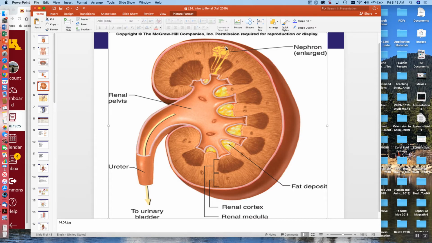Then they all have a common collecting duct, which delivers the urine into the minor calyx. There are about 1 million nephrons in each kidney, 1 million. So again, this is not representative of the size of the nephron within the kidney.